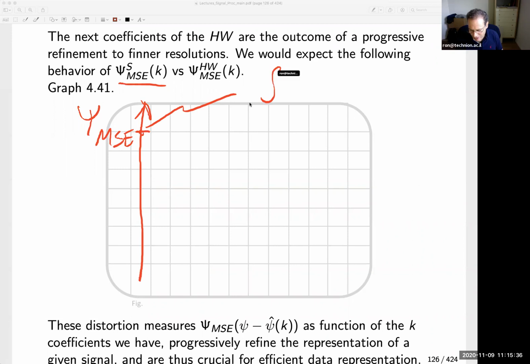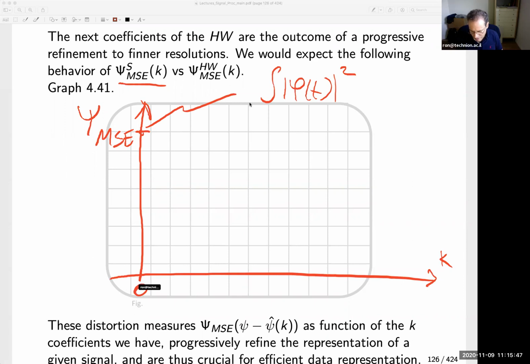So it should be nothing but the integration over psi of t squared. This is where k is equal to 0. And where k is equal to n, the error would be nothing but this minus the sum of the coefficients, psi beta, for i equals 1 to n, and it's important that this is 1 to n, and it would be the same for both.